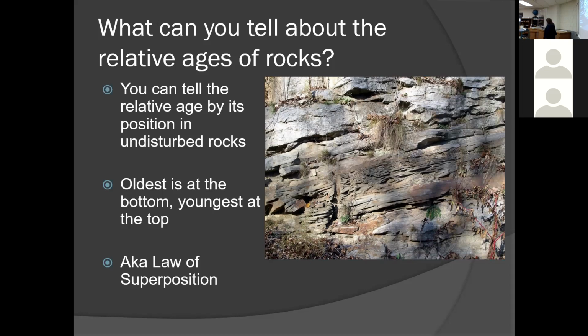The bottom layer is always oldest. And just think about making a layered cake. The bottom layer goes first. And this all deals with something called relative dating.